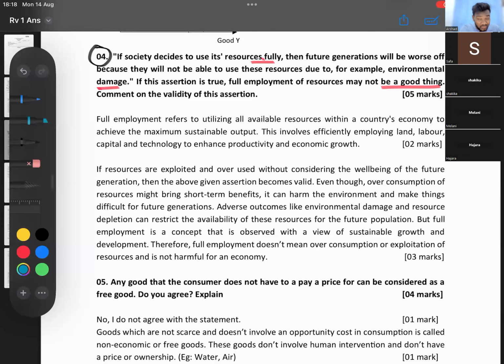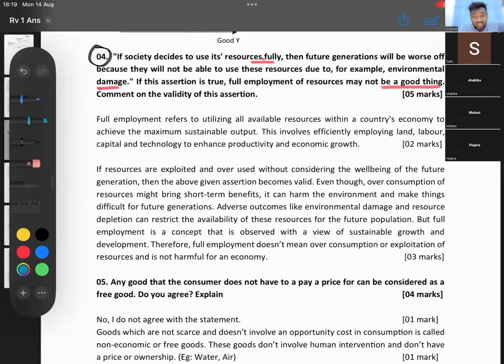So go and check your tute. In your tute, I would have made a note. I would have said, full employment doesn't mean maximum production. It means the maximum sustainable production. Full employment doesn't mean you cut down all the trees and make furniture and build hotels there. No, that is not full employment. Because if you cut down all the trees and make furniture and build hotels there, then future generations, obviously, are harmed.